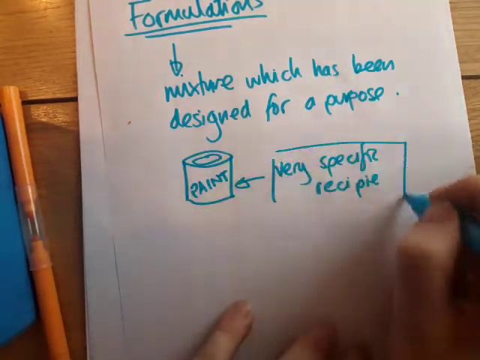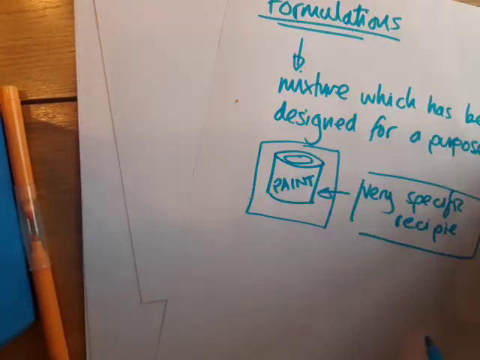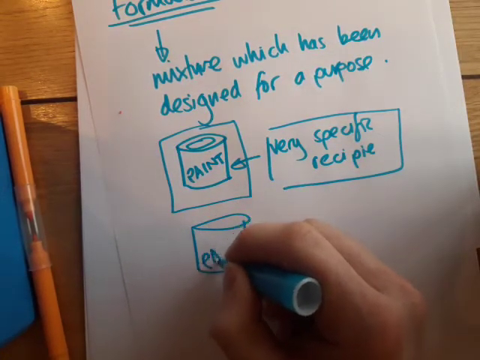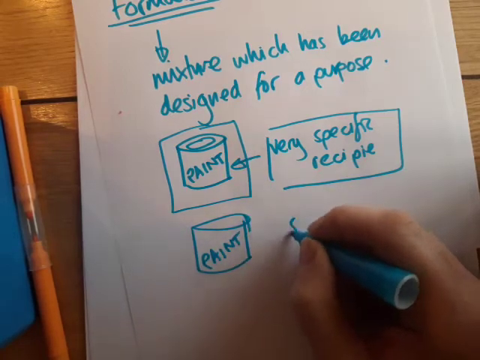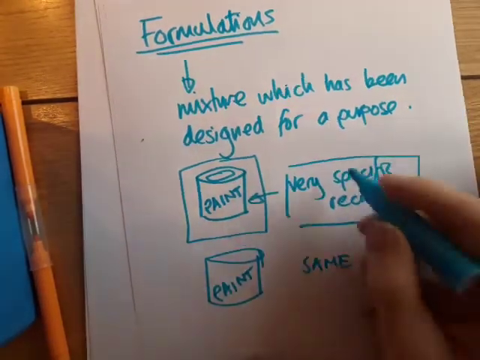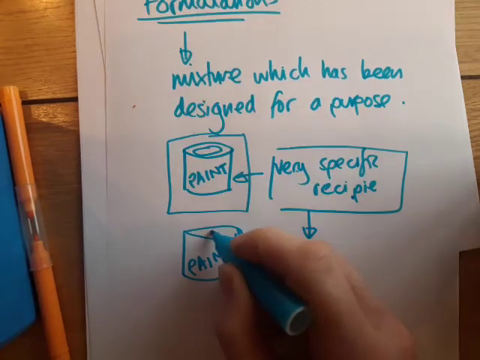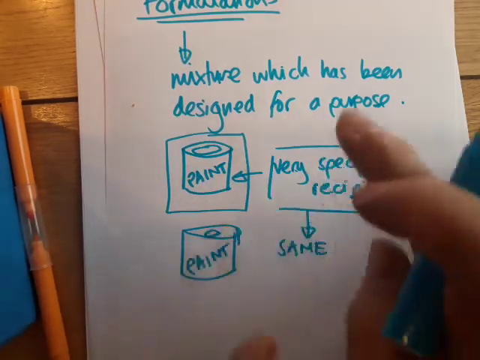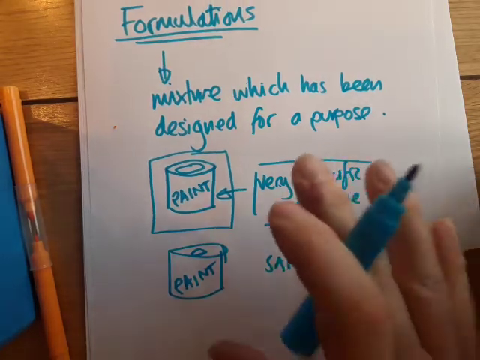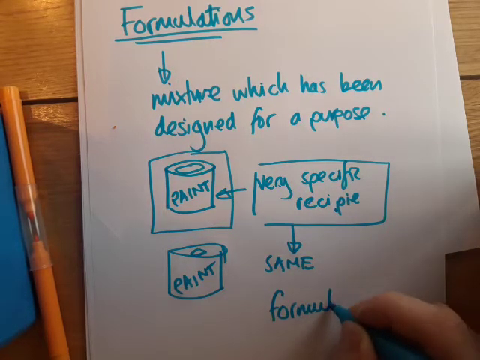So it's a very specific recipe. So I know that if I was going to paint my room with this paint and it ran out, I could go to the shop the very next day and buy another tin of paint, and it would be the same, because I know that this mixture has been followed, they have followed a very specific recipe. There is a factory making exactly this paint using exactly the same recipe. And in chemistry, the recipe that they follow to make this mixture is known as a formulation.